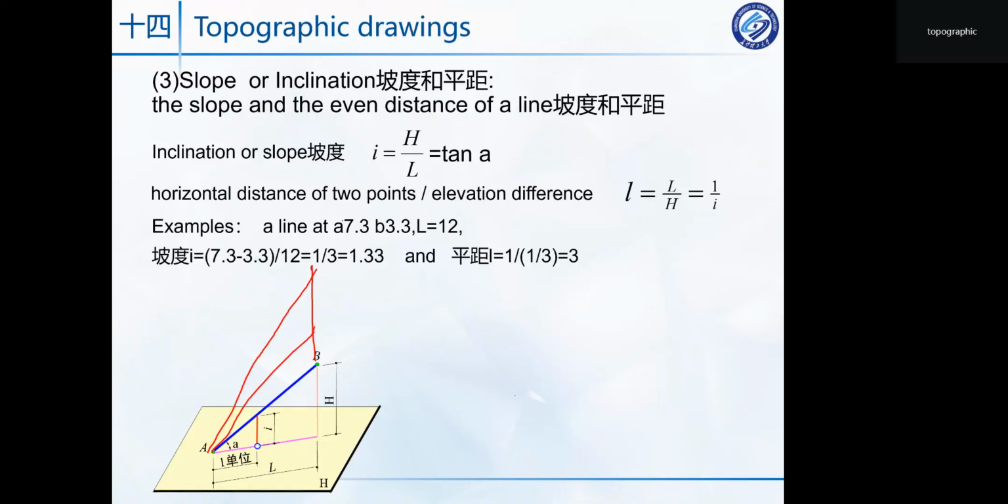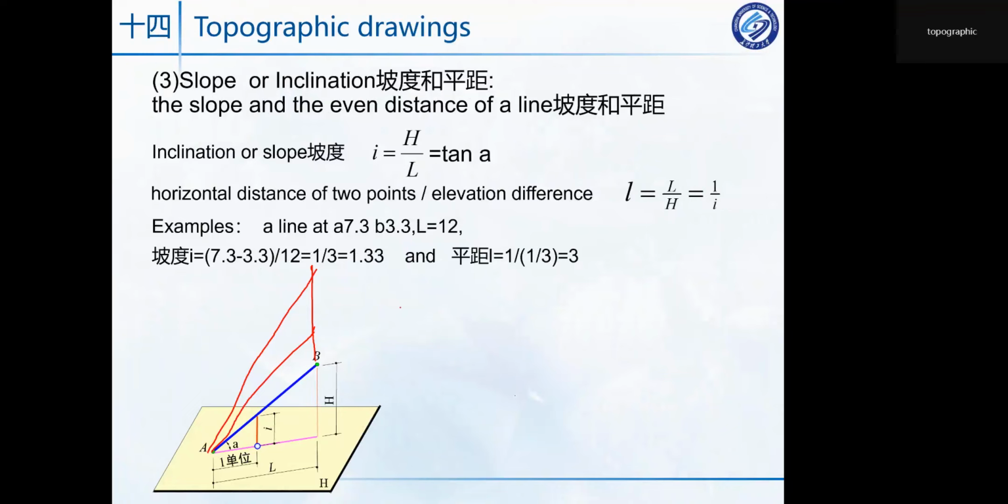It is the difference between A and B in the vertical direction, divided by L, which is equal to 1 divided by 3, so it is 1 to 3.